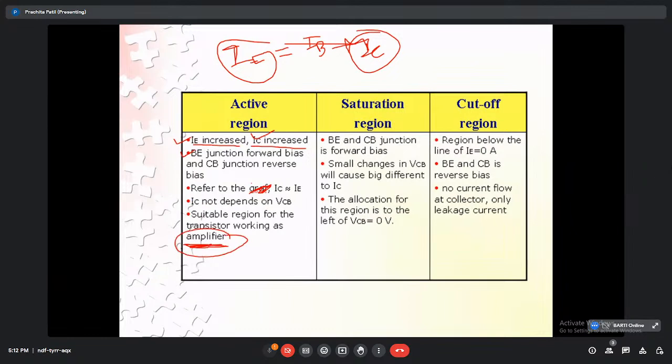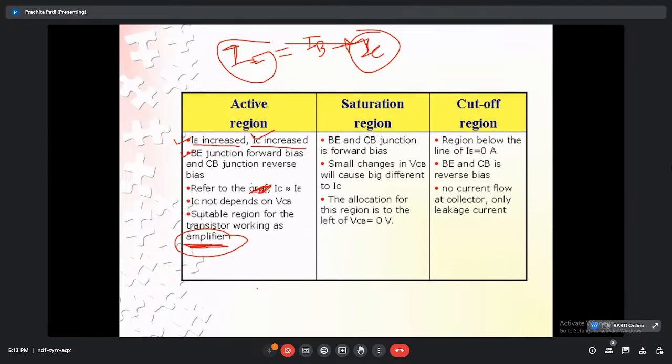And again, we know if we go for the transistor with different biasing configurations, like common emitter, common base and common collector, then we get some parameters like alpha, beta and gamma. We call it the current gain. And if we are using the transistor in common emitter mode, then that particular parameter beta is more than 100.